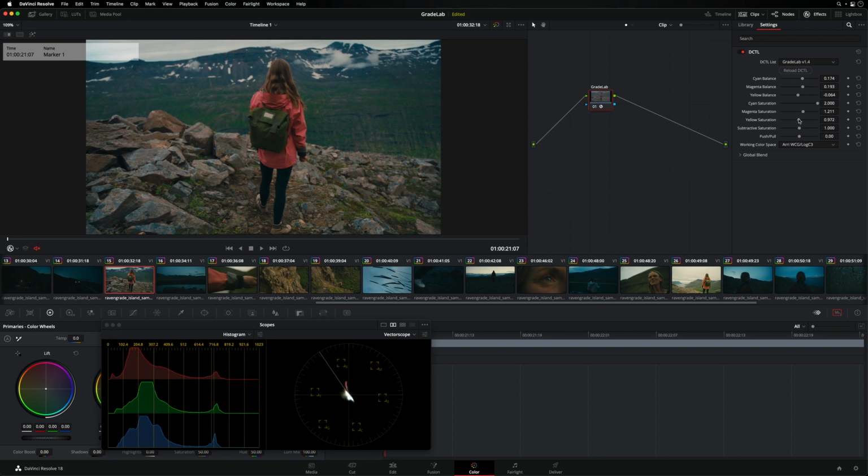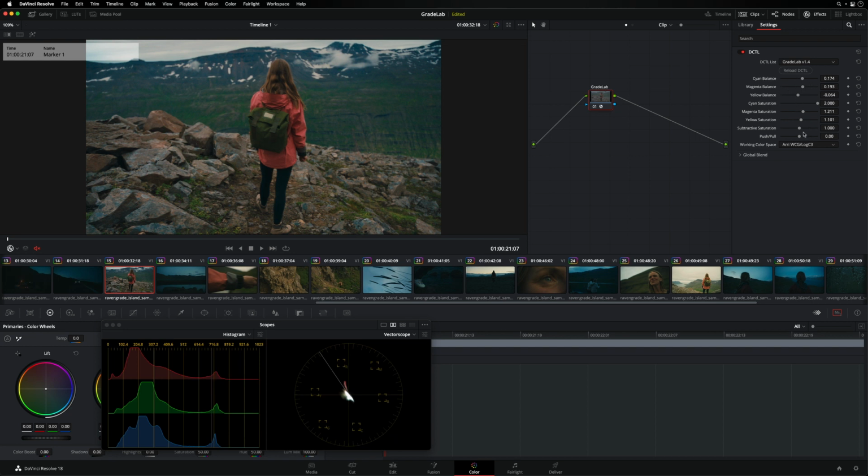And I'll also point out that if you were to push your cyan, magenta, and yellow saturations to the same value, let's say they were all at a 1.5, that would effectively be the exact same thing as moving your subtractive saturation slider down here to a 1.5. All that these are doing is allowing you to make a subtractive saturation increase or decrease on your individual cyan, magenta, and yellow channels.